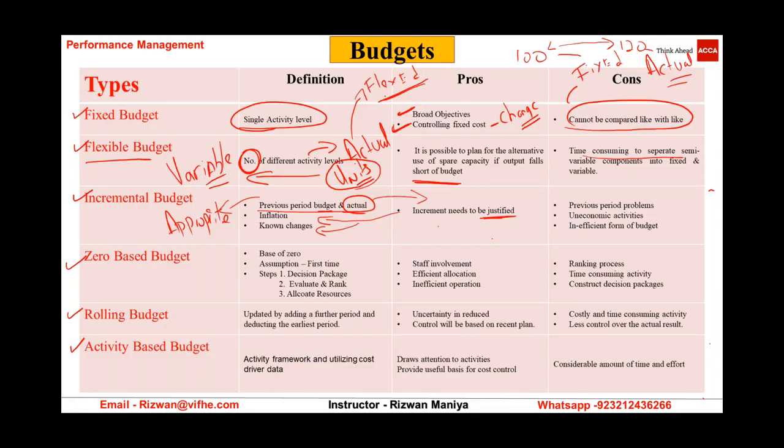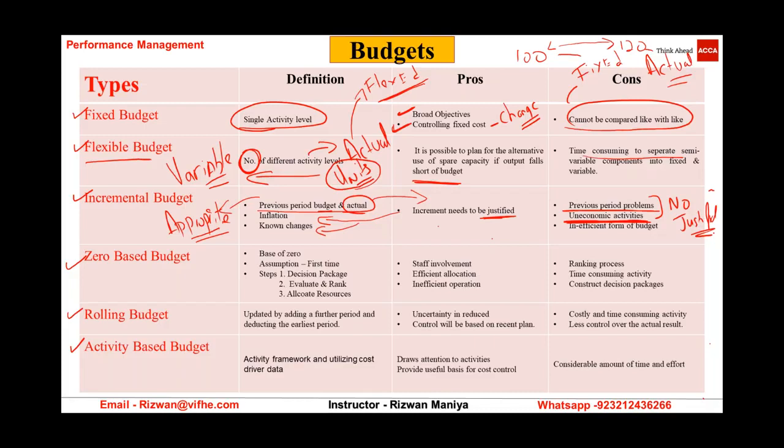Coming back to the incremental budget drawbacks. We assume that the previous actual information is appropriate, so this is just an assumption, because definitely previous period problems will not be highlighted. Uneconomic activities that were conducted in the past will not be highlighted, because no justification was required.